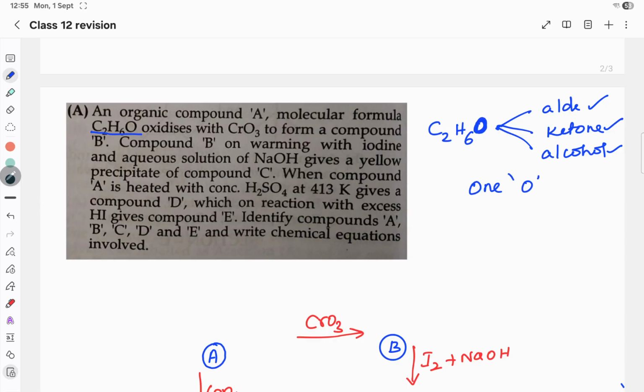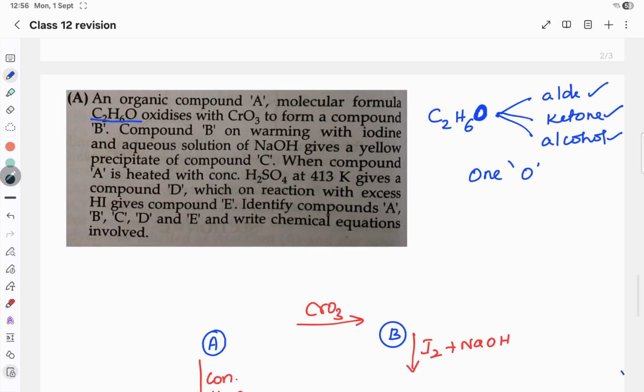So it is C2H6O. Next, we should check whether it is an aldehyde, ketone, or alcohol by checking the question. Here A oxidizes with CrO3, giving compound B. Compound B on warming with iodine and aqueous solution of NaOH gives yellow precipitate, which is compound C. So which compounds on oxidation will give aldehydes or ketones?